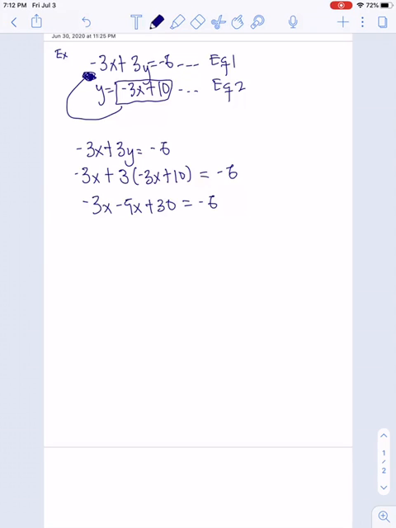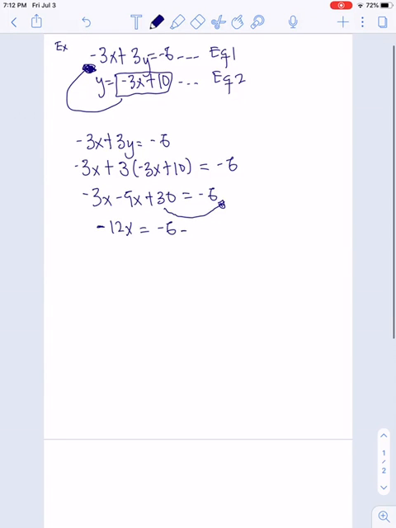Now we're going to group like terms. So our like terms here are negative 3x minus 9x, which will be a negative 12x equals, now let's group the other like terms on the other side of the equation. So it's going to be negative 6. When this 30 crosses over to the other side of the equation, it's going to be an opposite charge. So it's going to be a negative 30.